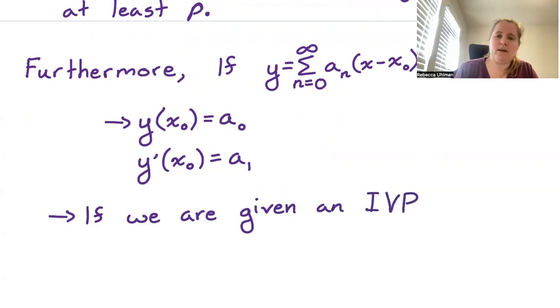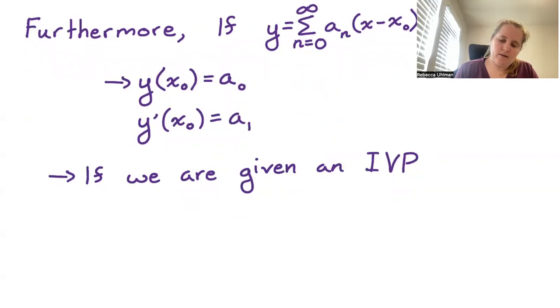So if we are given an IVP, then we know a0 and a1.